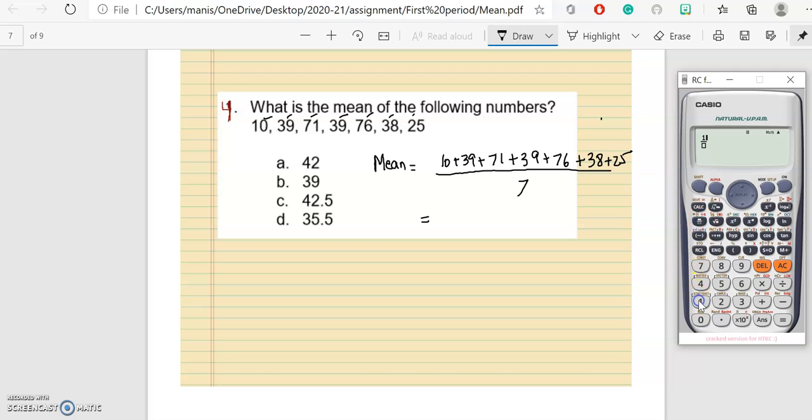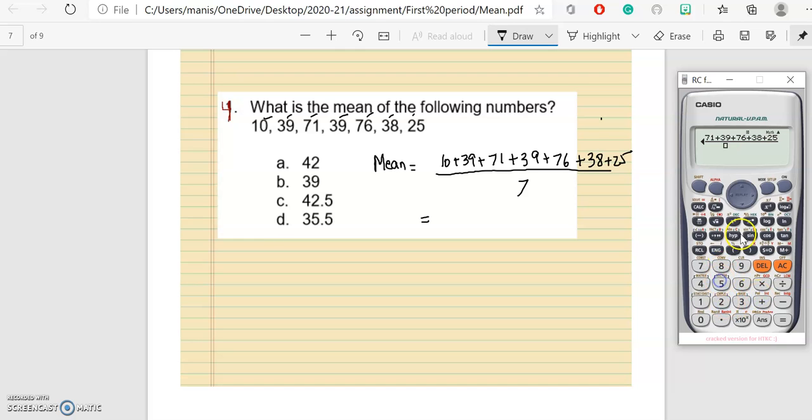So this is your 10 plus 39 plus 71 plus 39 plus 76 plus 38 plus 25.